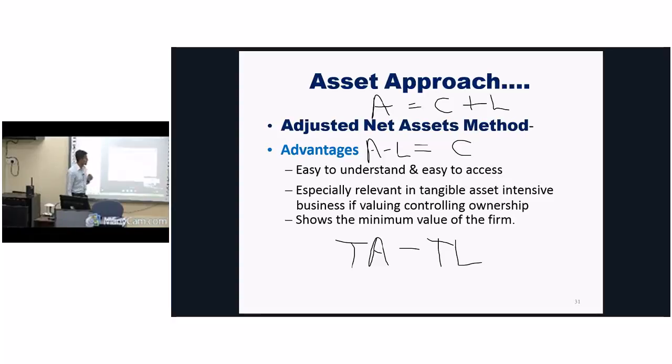So when you are trying to understand this, there are two approaches of asset base. One is the book value basis, where you identify the total assets and the total liabilities in terms of book value. Where can we find the book values? We need to go to the financial statements. Which statements will give you the assets and the liability values?